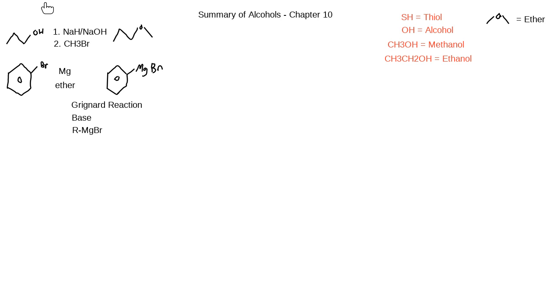And typically it is split with a negative charge for the R group and a positive charge for the MgBr. Okay, R is your nuke. Whatever is attached to the MgBr, that is what you will attack with.